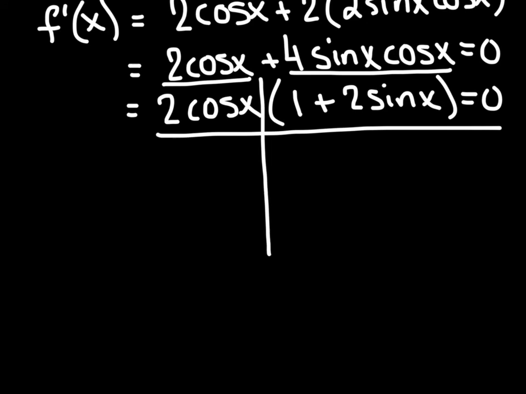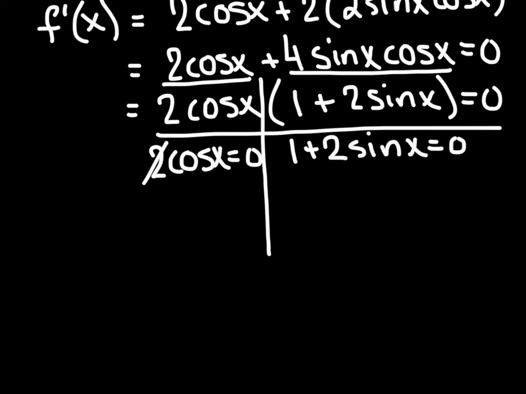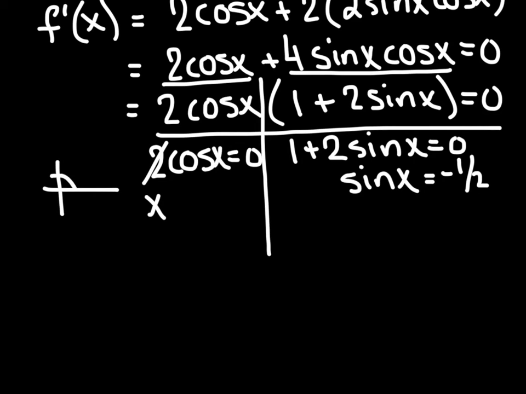And I'm going to set 2 cosine of x equal to 0. Of course, divide both sides by 2, and that term's gone. And then I've got 1 plus 2 sine of x equal to 0, and I'm going to get sine of x is equal to negative 1/2. Now again, my closed interval is between 0 and 2 pi. For cosine, and if you want, you could draw yourself a little picture of cosine, we're looking for pi over 2 and 3 pi over 2.